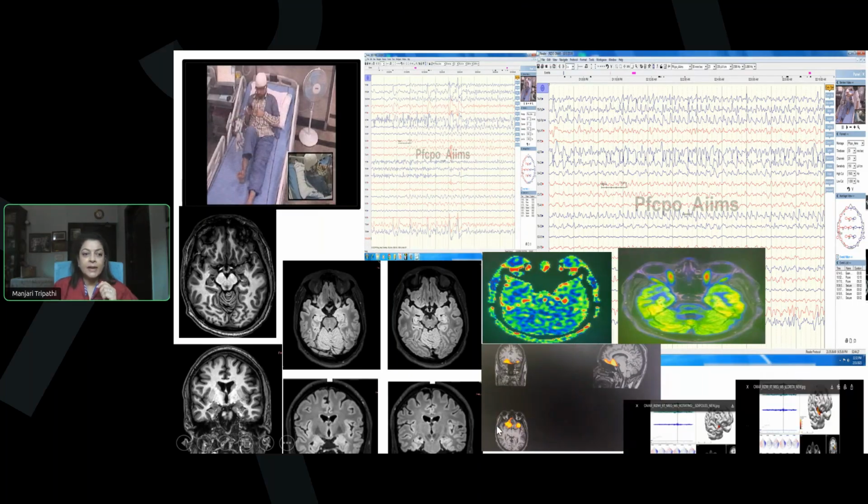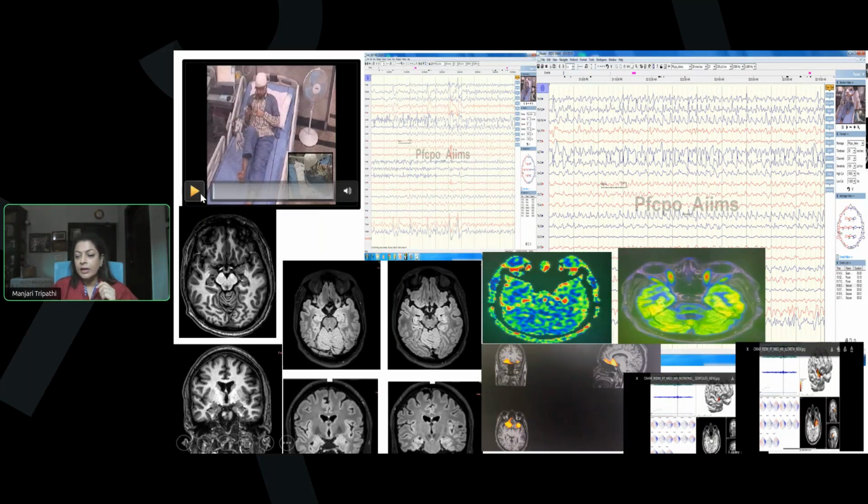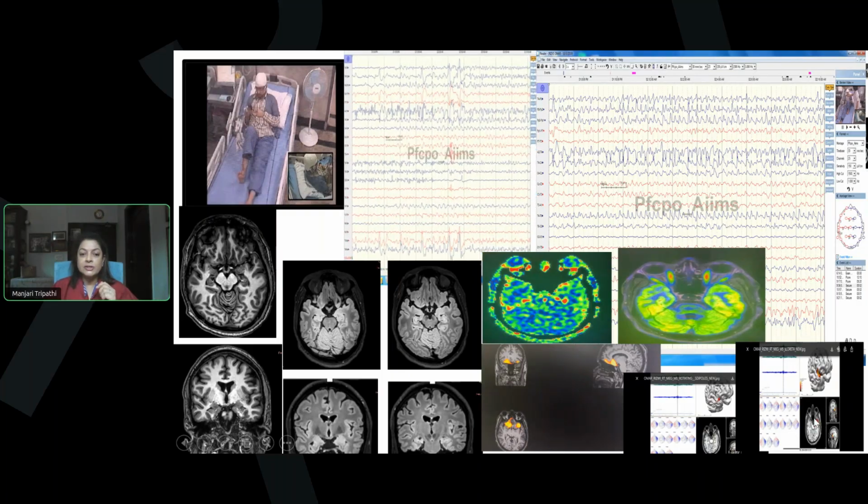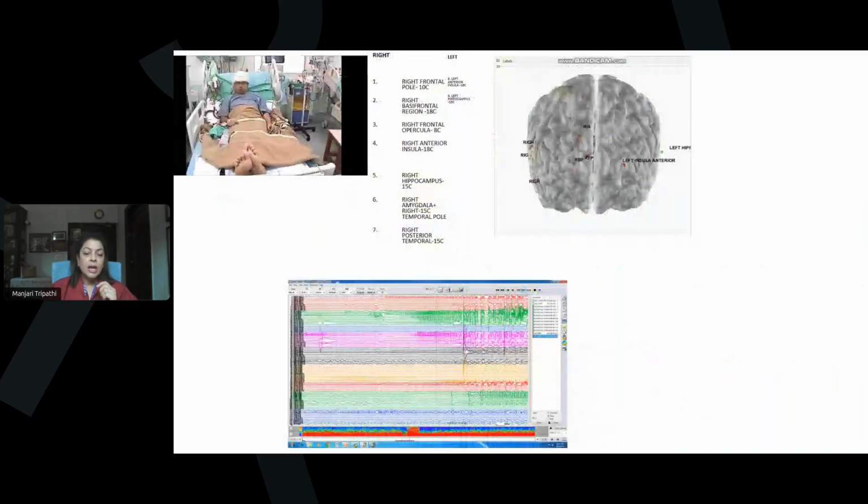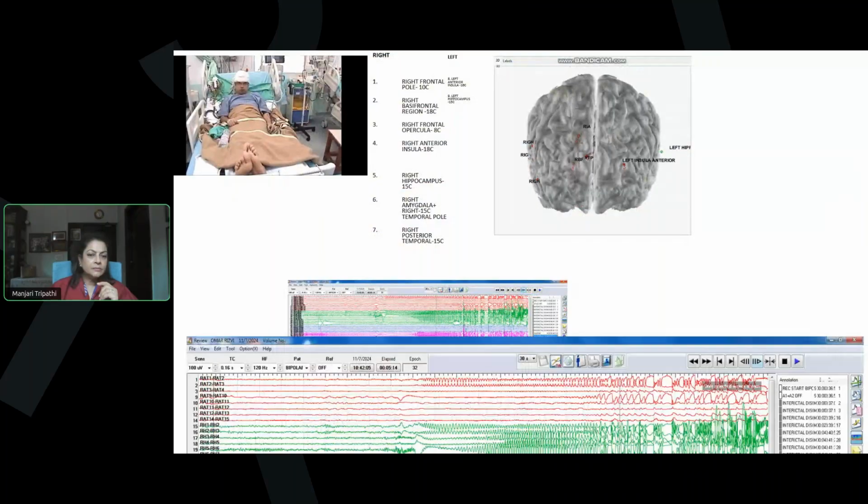When you see the MEG, it is clearly localizing to the right temporal lobe. And so this patient underwent a stereo EEG, with multiple bilateral placements, and all the seizures were coming from the right hippocampus. You can see here the right hippocampus and the right insula, and this patient underwent a resection.